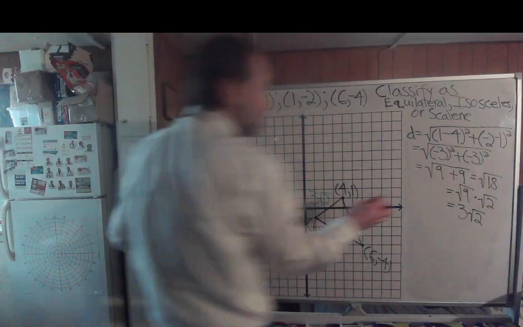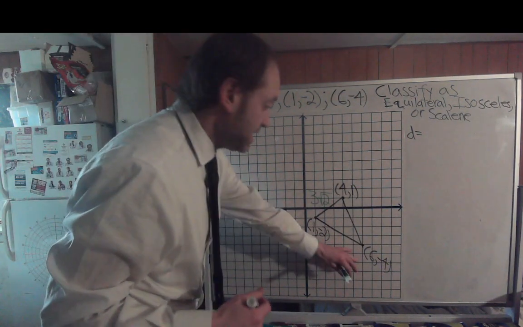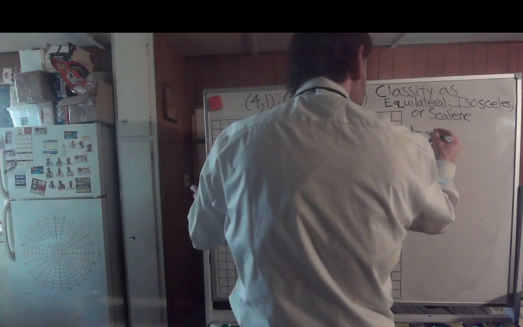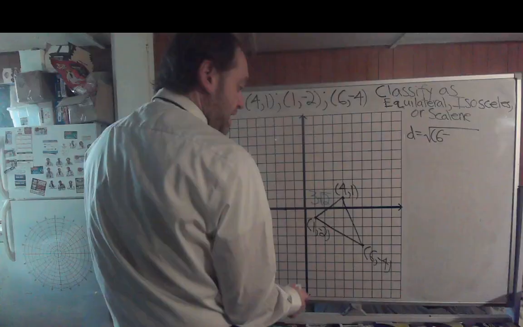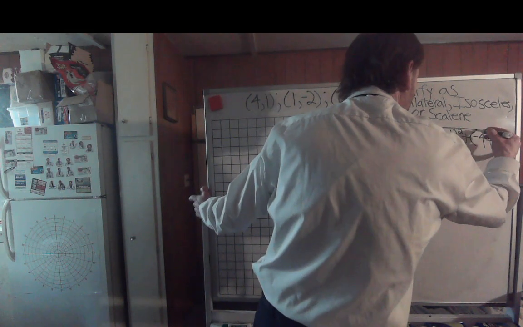All right, so we got one side. Now what about the other two? Okay, what about between 1, negative 2 and 6, negative 4? So let's take our x2 of 6 minus our x1 of 1, square that, plus our y2 of negative 4 minus our y1 of negative 2, which would actually turn into plus 2, that quantity squared.